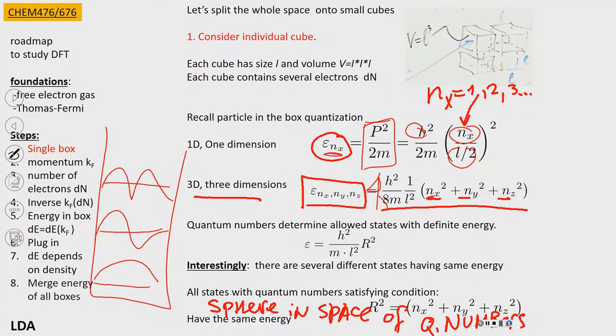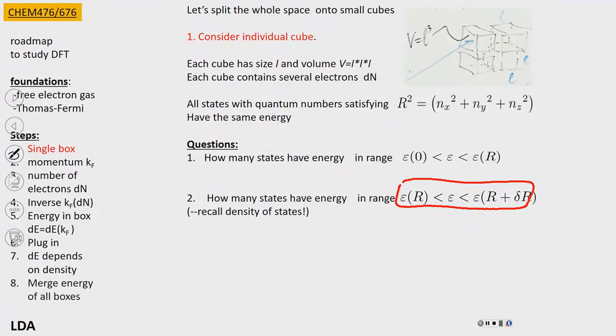But we can play with this crazy space of states and identify in it a surface that corresponds to equal energy. So if x squared plus y squared plus z squared equals a constant, it will be a sphere where all points on the sphere correspond to the same energy of the electron.